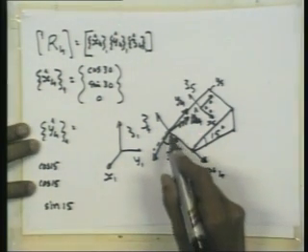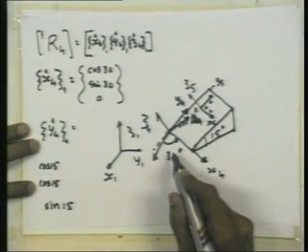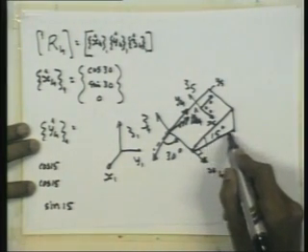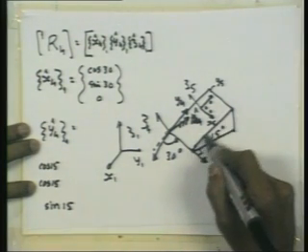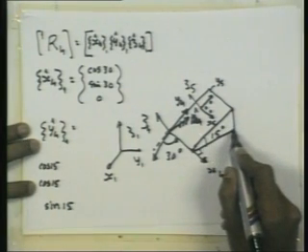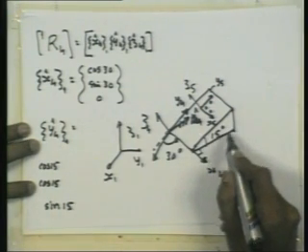So this is 30 degrees with respect to x1, this is 30 degrees plus 90 degrees, this edge, right? The cos projection of this unit vector onto this is simply along this, fine.